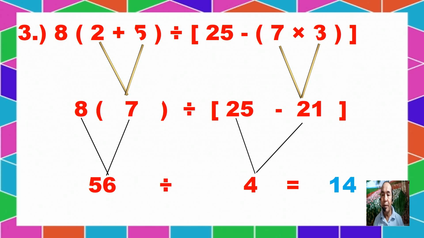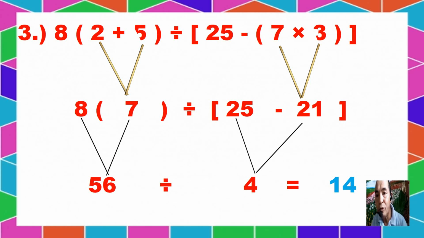Since there is no operation in between 8 and the other grouping, it follows that we will perform the multiplication. Because in the absence of any mathematical operation, a number inside the parentheses and the number outside the parentheses will be multiplied. That is the rule. So, we go to the next grouping. The remaining grouping is 25 minus 21, which is inside the braces.